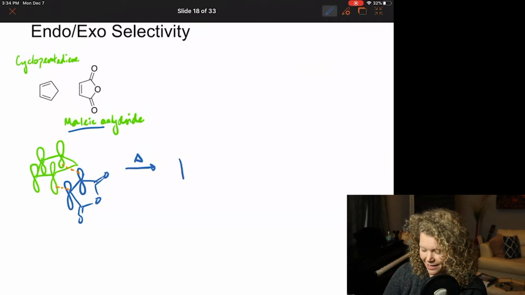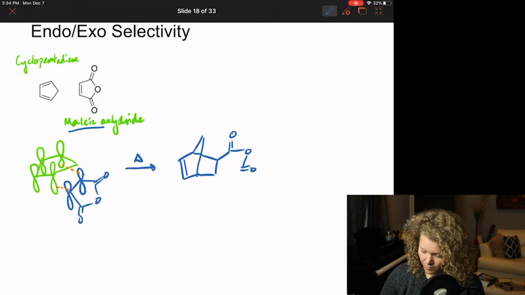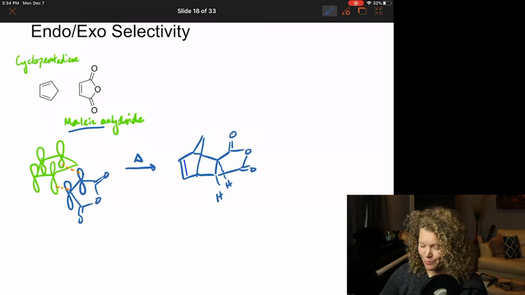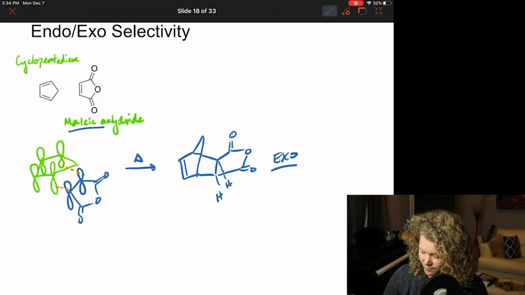So we made a new carbon-carbon bond, and then what we did was we actually made a bicyclic ring here. Our two protons are now down, and our electron withdrawing groups are up. This is our exo product. It is thermodynamically favored.